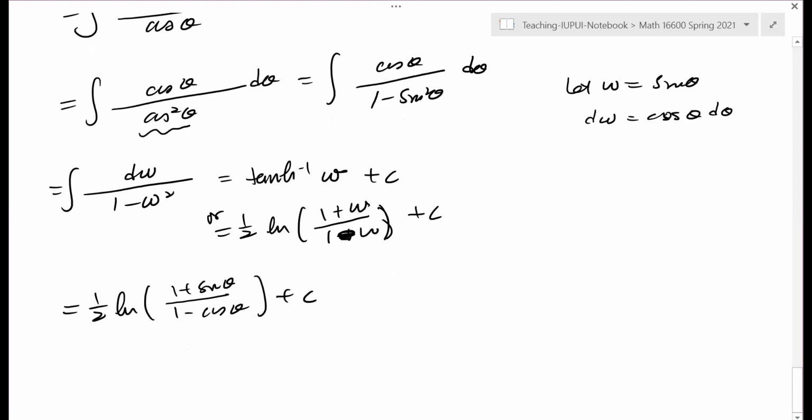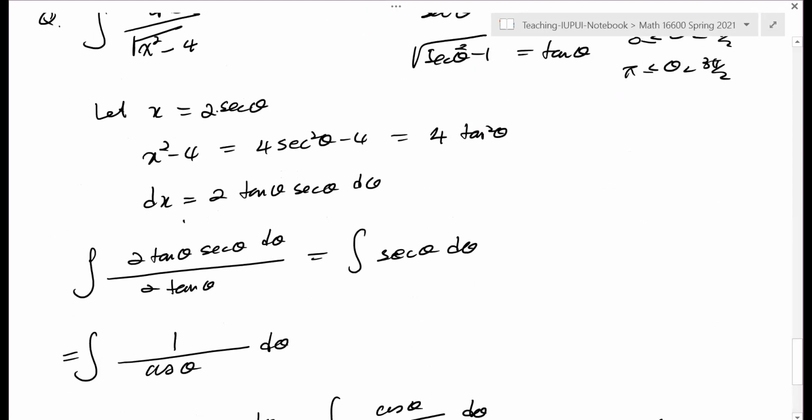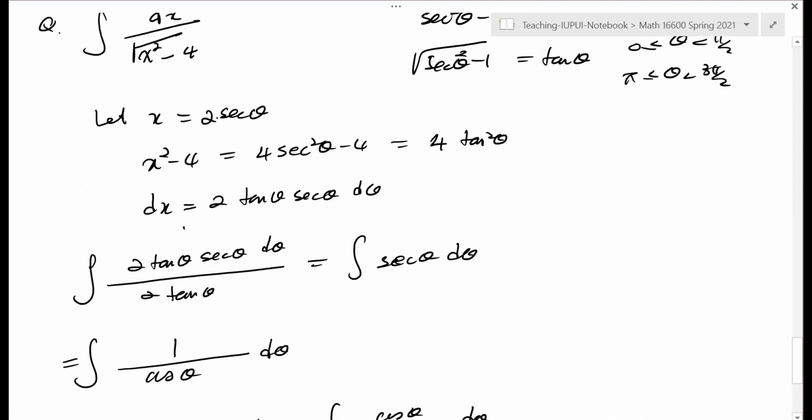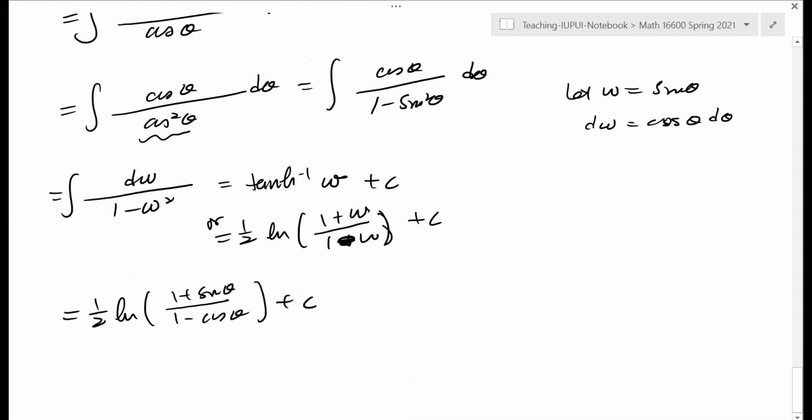Now what is the next step? You see, what is our original substitution? The original substitution is x equals 2 secant theta. Secant theta is 1 over cosine theta, so you know cosine theta.